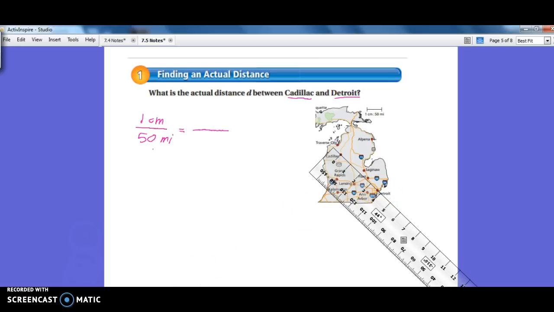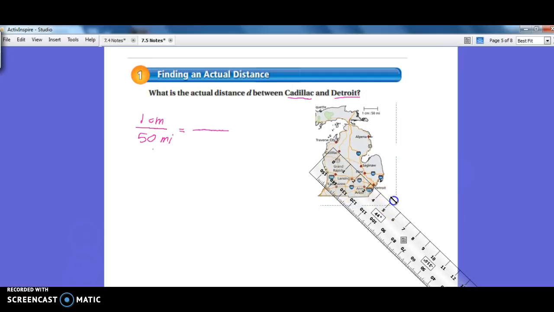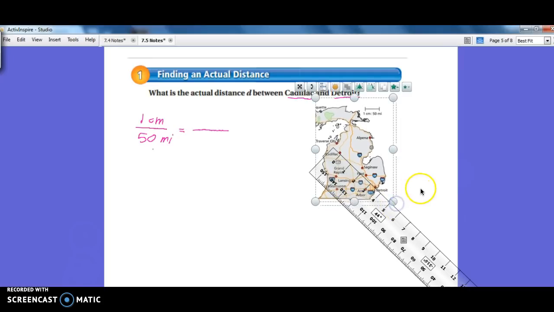Let me fix my drawing so that it matches the example in your book. Oops. There we go. So it's 3.5 centimeters. Since we have our centimeters on top of our ratio, we're going to go ahead and put our 3.5 centimeters here. Sorry for the writing, guys. And then X is going to be the thing that we are solving for.